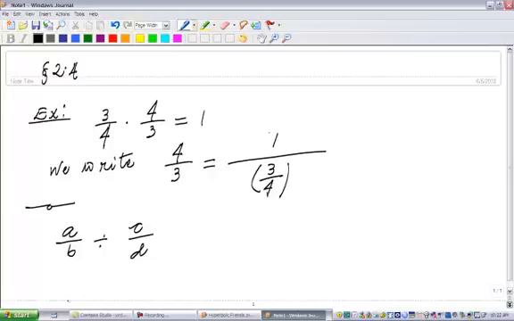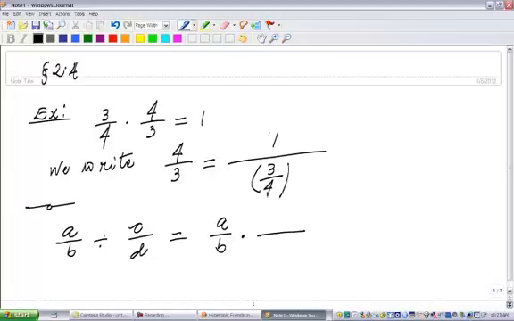Isn't that the same as multiplying that number by half? So in this case, I can write it as a over b and then multiply by the reciprocal of the second fraction.